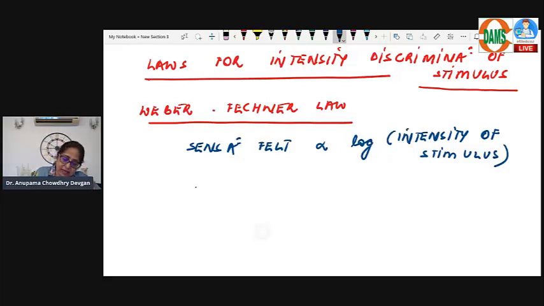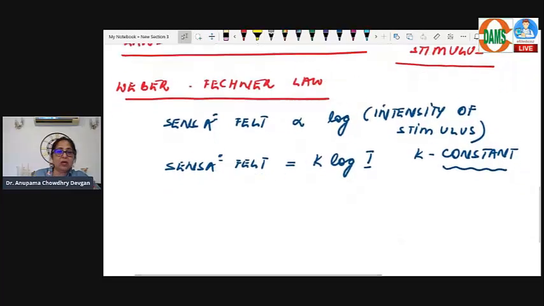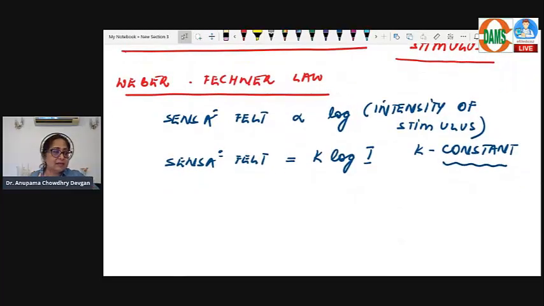Or in other words, the sensation felt is equal to k log of I, where k is a constant. This is known as your Weber-Fechner law, right?